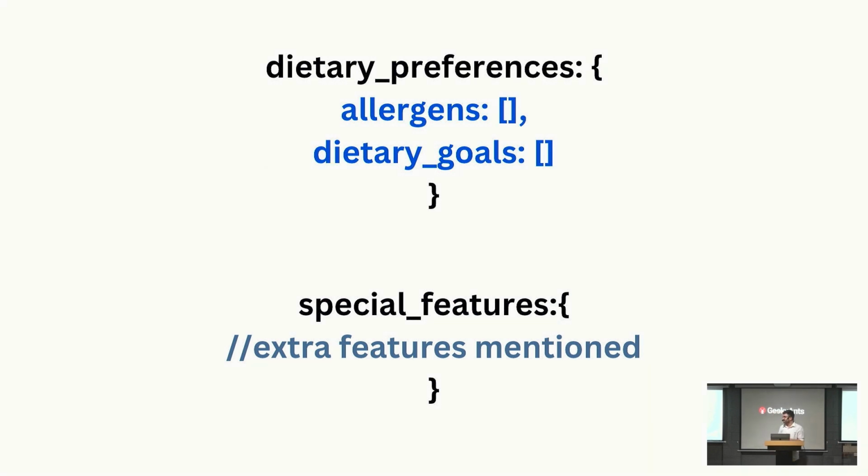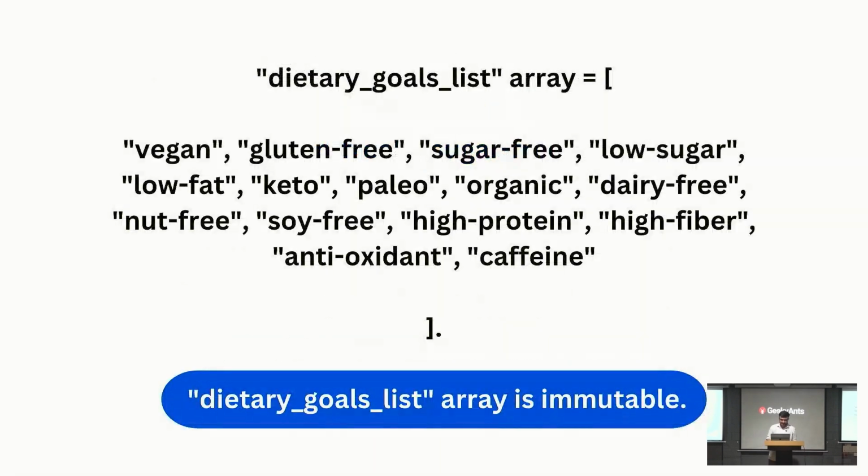I do not want that. So if there is any other term that the prompt thinks the user query falls into, or any other prompts that the user has put into the search box, that would be added to the special features, which we can find later. So this is the universal set that I created, which was vegan and all of this.